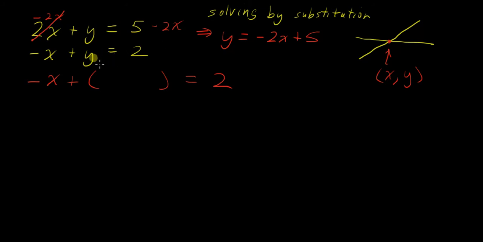This y is this y, and according to this, y is the same thing as this. This is y, and this is y. So here, where there was a y, instead of putting y, I'm going to put what y equals. And that's negative 2x plus 5.